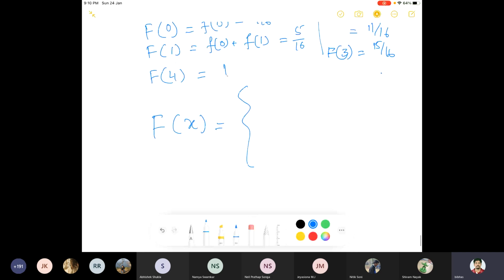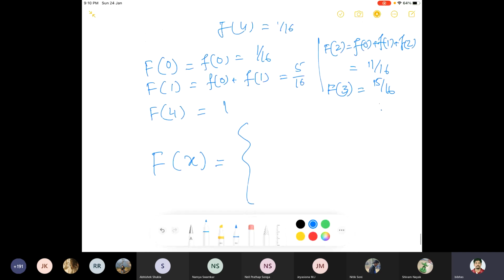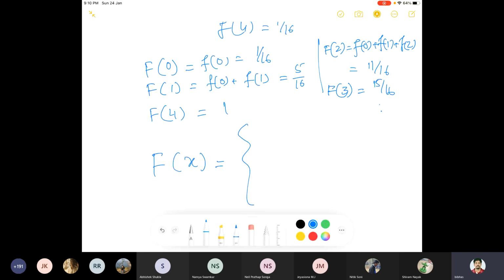Now if I want to explicitly write this function, in this particular case, it is 0 when x is less than 0, 1 by 16 when 0 is less than or equal to x less than 1, and 5 by 16 where 1 is less than or equal to x less than 2.